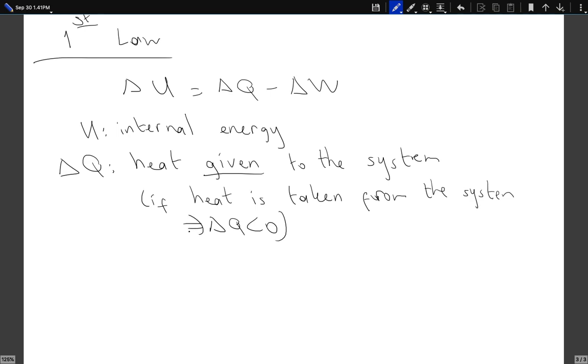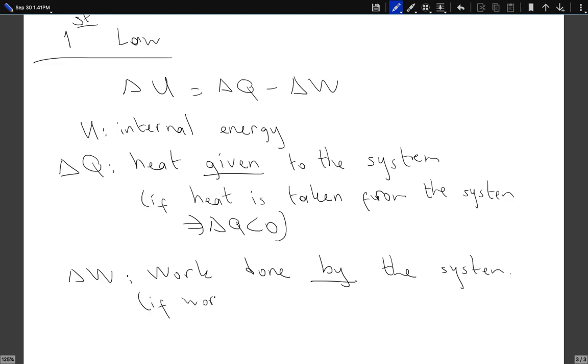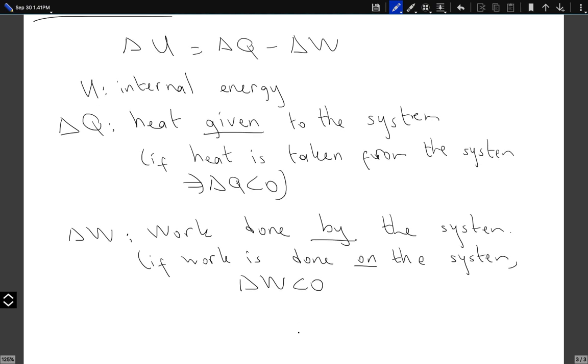So delta Q is always the heat given to the system. And then delta W is the work done by the system. So if work is done on the system, in that case delta W is less than 0.